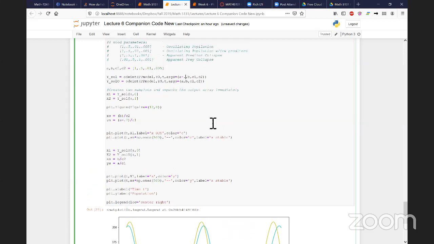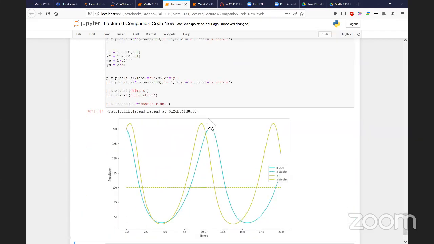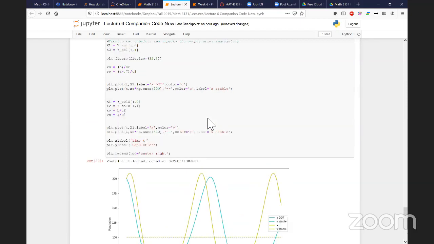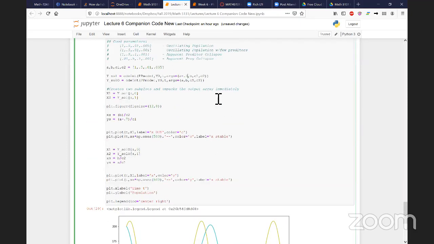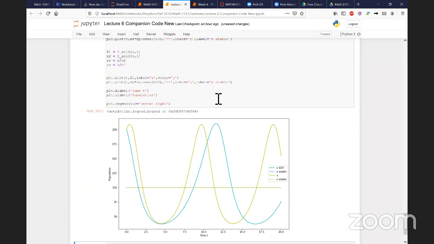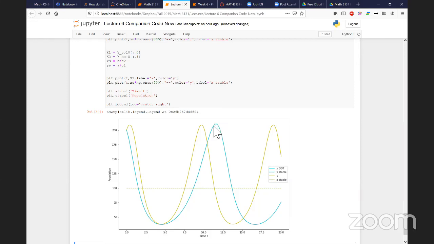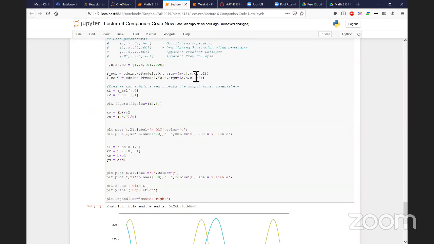We go to 2, we go to 3. We see that the phase has started to be shifted. Go to 4, and we actually see that now we're getting larger peaks in the situation where we have DDT. So we have longer, lower troughs, but the peaks are actually becoming a little bit larger.